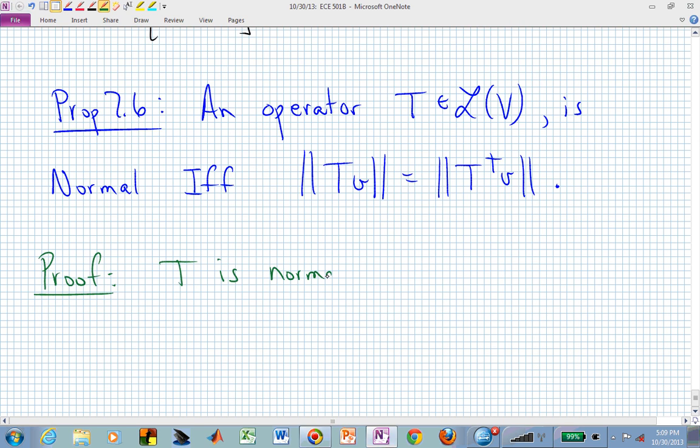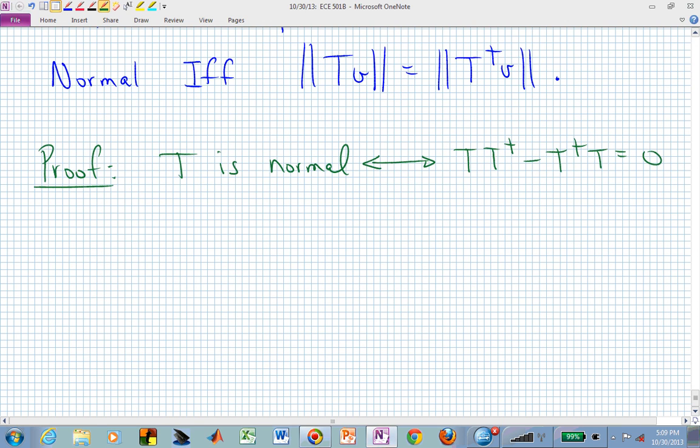If T is normal, that's true if and only if they commute, right? Well, we can write that as T dagger T minus T T dagger is equal to 0. But now we know how we can write that in terms of an inner product.